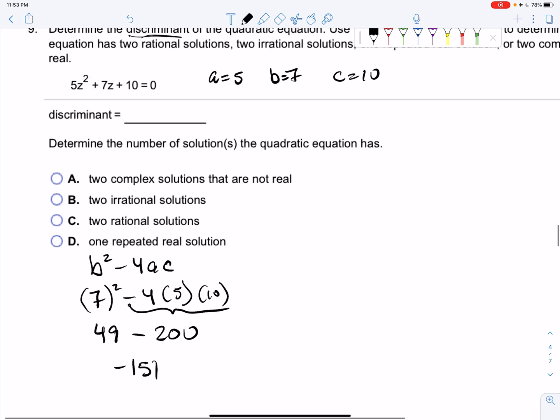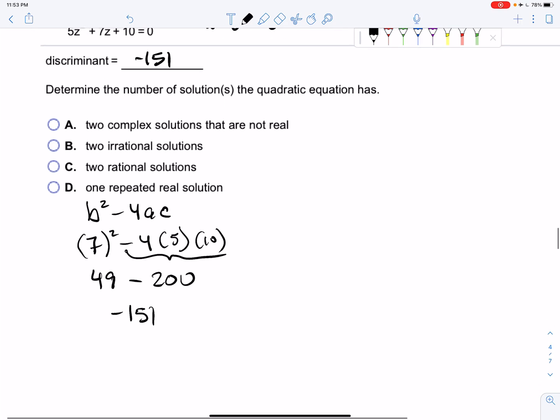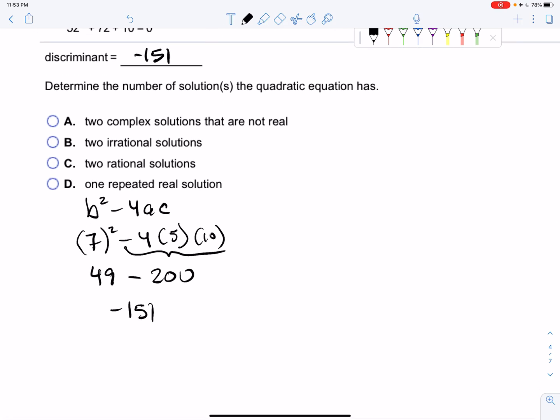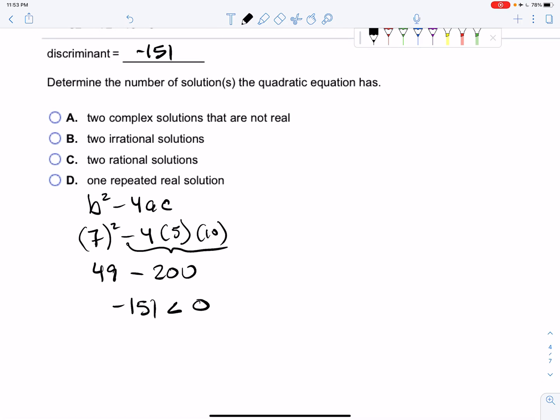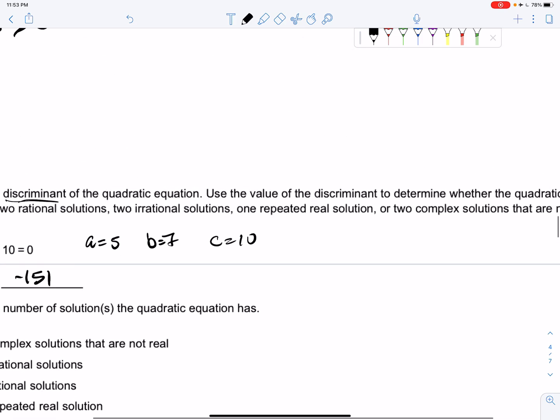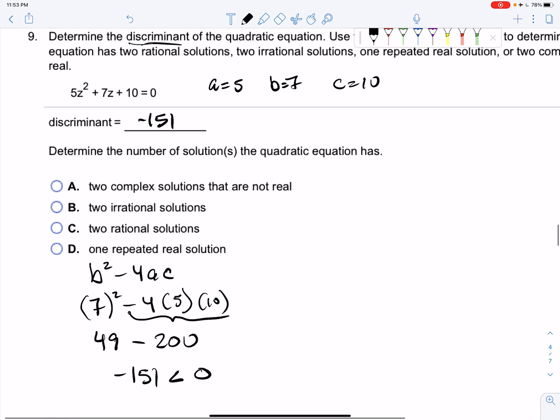And so that's our discriminant, negative 151. By the way, negative 151 is less than 0. So it's negative under the radical. That's got to be the complex part, right? With the imaginary. So it's got to be A, which is two complex solutions.